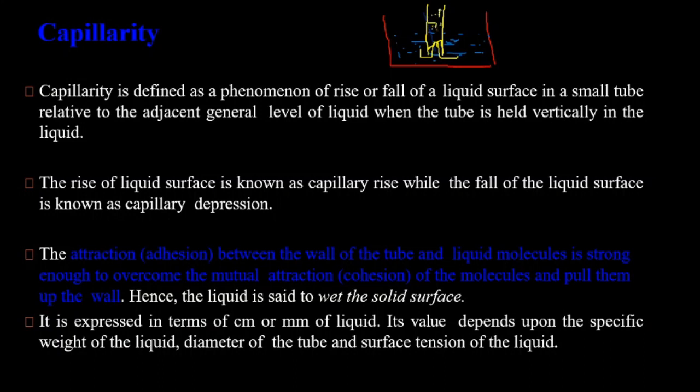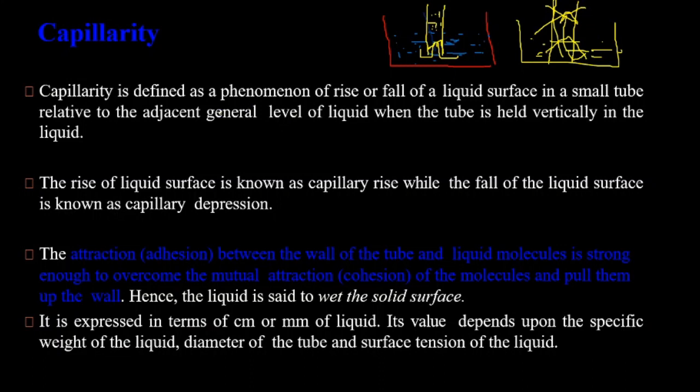Sometimes if the liquid is different, like heavy mercury or a liquid with more viscosity, the liquid in the tube will not rise, it will fall. That phenomenon, that process, is called capillarity.